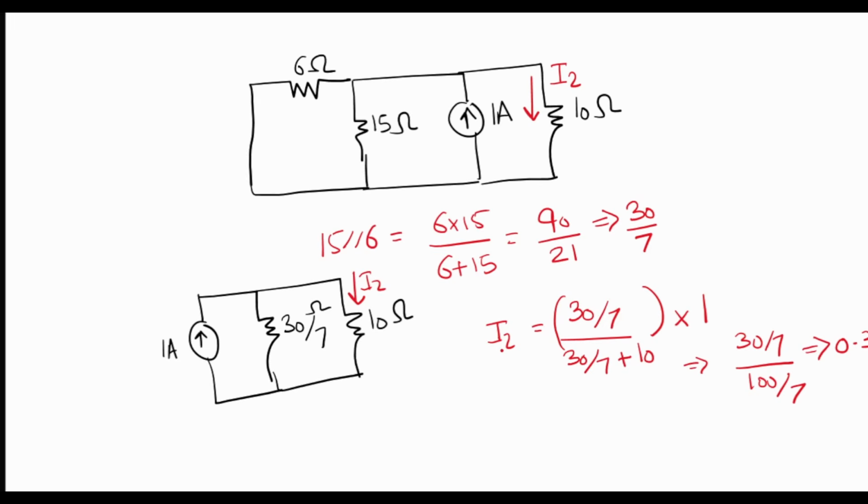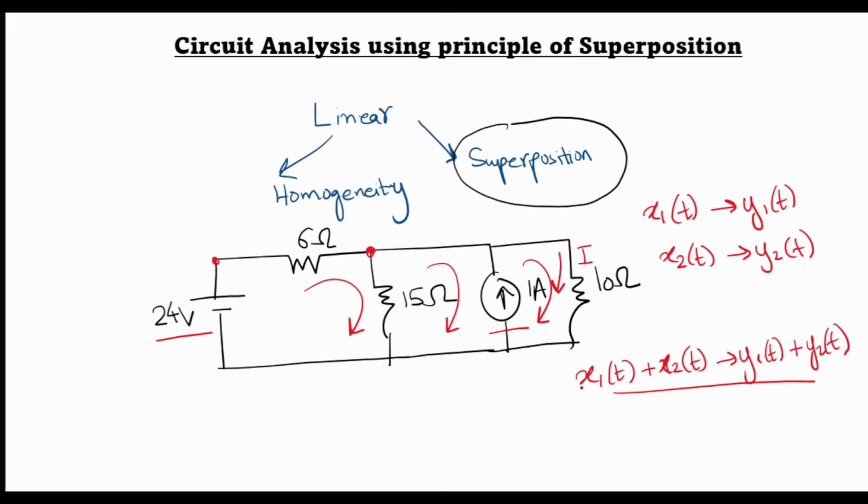So this is I2. So now from the principle of superposition, we have found the two responses. Due to the 24 volt battery, current I1 comes out as 1.2 ampere, and due to the 1 ampere current source, I2 comes out as 0.3 ampere.